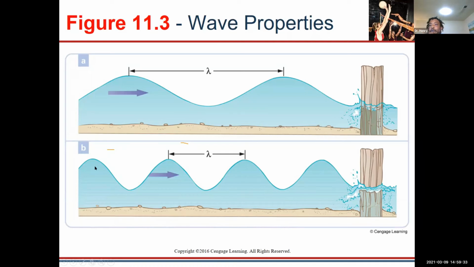Because we have 1, 2, 3, 4 peaks. So that lets us know that that would be 4 compared to 2 peaks here. So this would be a smaller frequency, bigger wavelength. This one would have a larger frequency, but smaller wavelength, because they're inversely proportional.